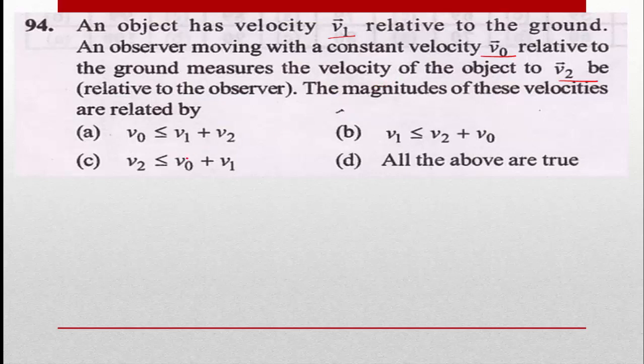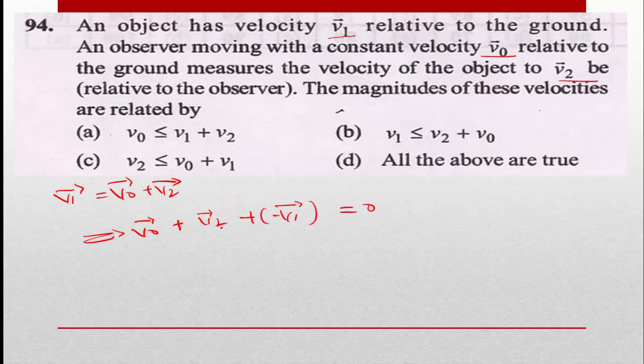Here, by the definition of relative velocity, v1 is equal to the velocity of the observer plus v2. That is v0 plus v2 minus v1 is equal to 0.